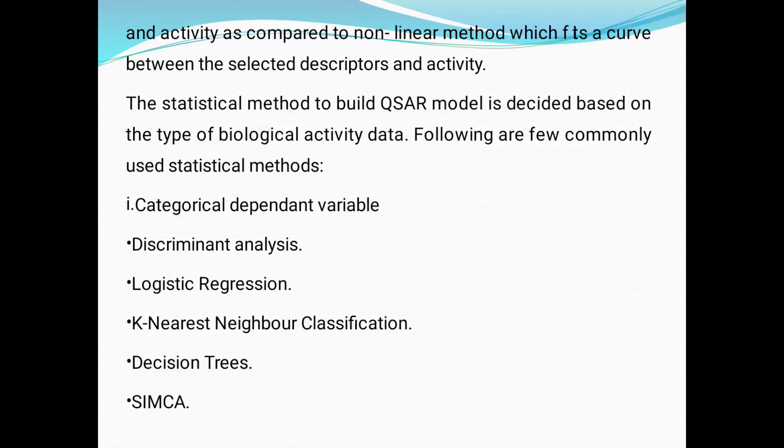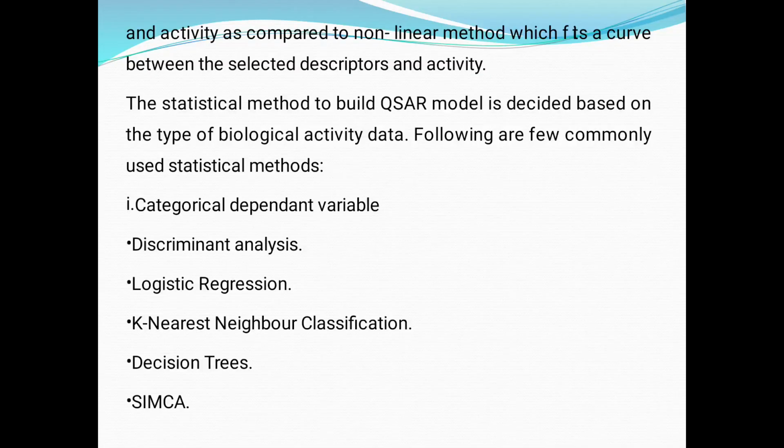Now, the statistical method to build a QSAR model is based on the type of biological data. So what is the biological data you feed in, and that will determine the statistical method to build a particular QSAR model. Following are the commonly used statistical methods.